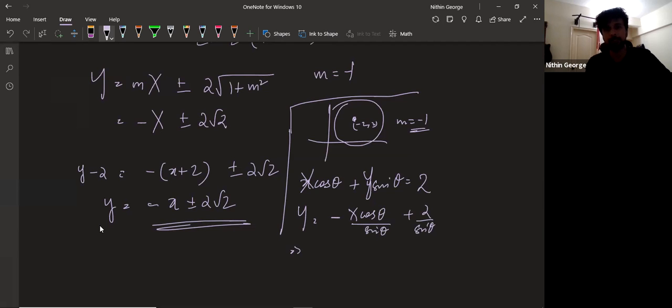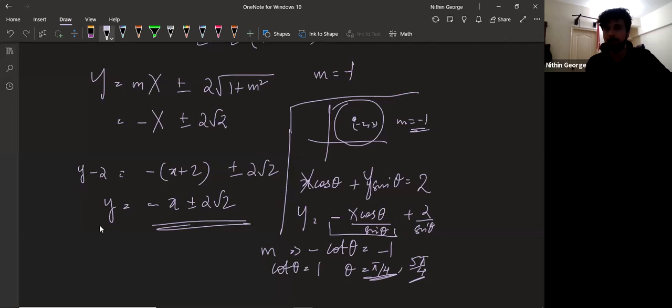So from here I say that minus cot theta will be equal to -1. m is equal to the slope of this line. So m is equal to minus cos theta by sin theta, which is minus cot theta, and slope is equal to -1. From here I can say that cot theta equal to 1 or theta equal to pi by 4 or 5 pi by 4.